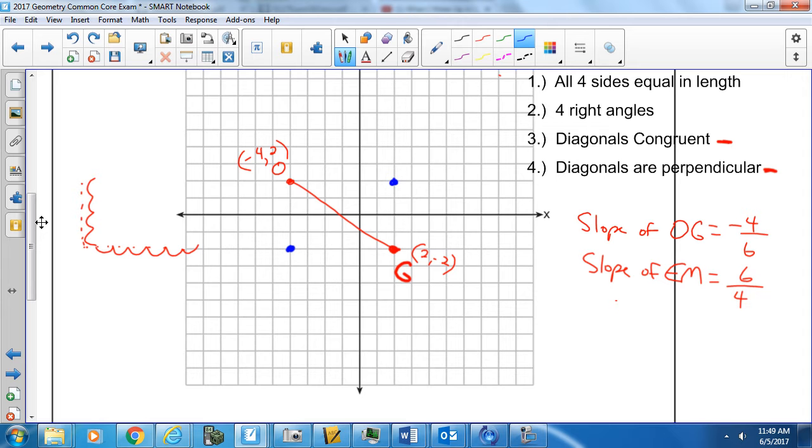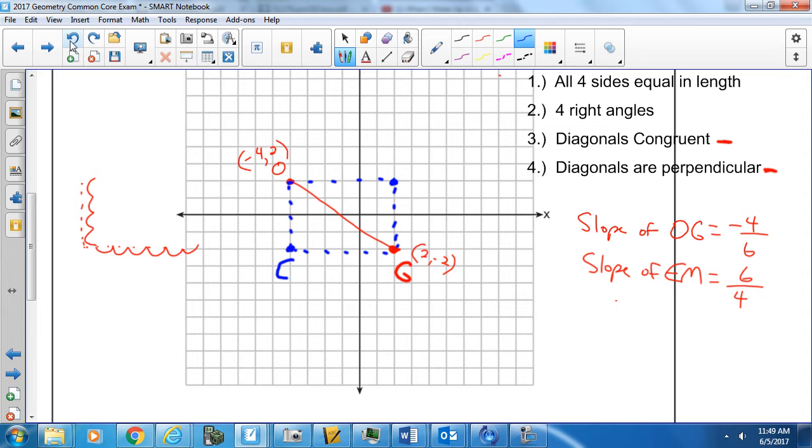If that were the case, we should know that that is not the case, actually, because all the sides would not be equal, right? If we thought that this was E and this was M, that would mean this is not a square because all the sides are not equal. So we know those cannot be the points.